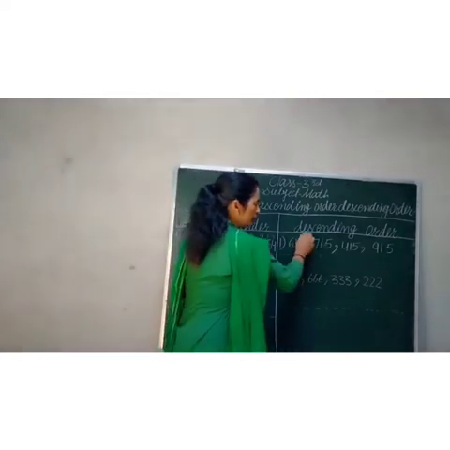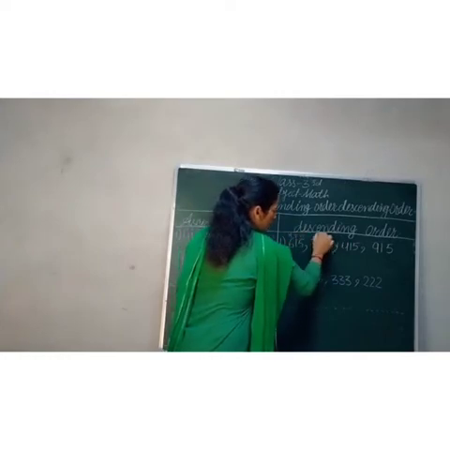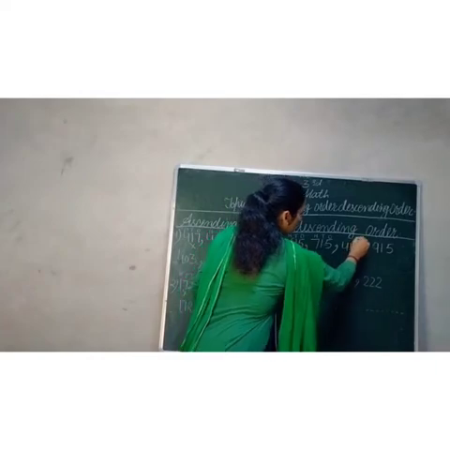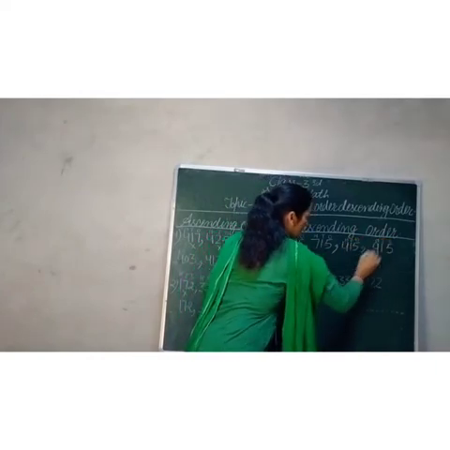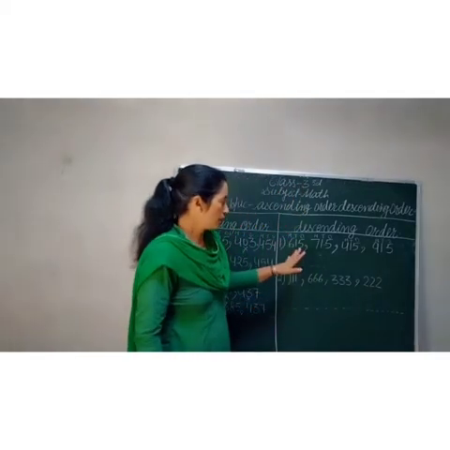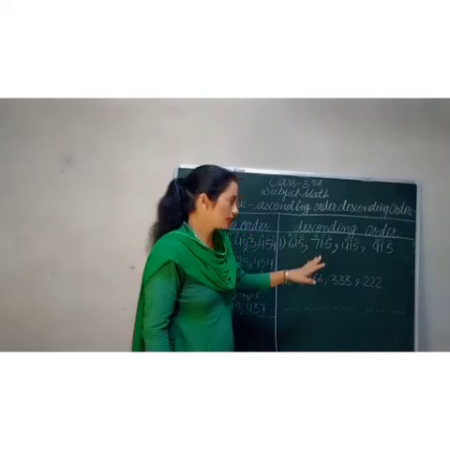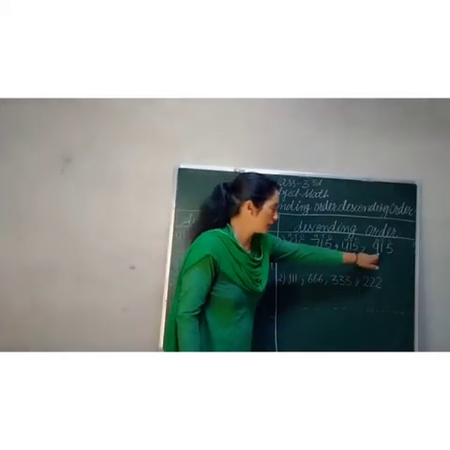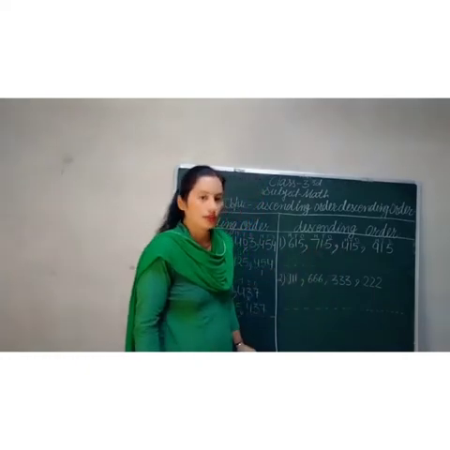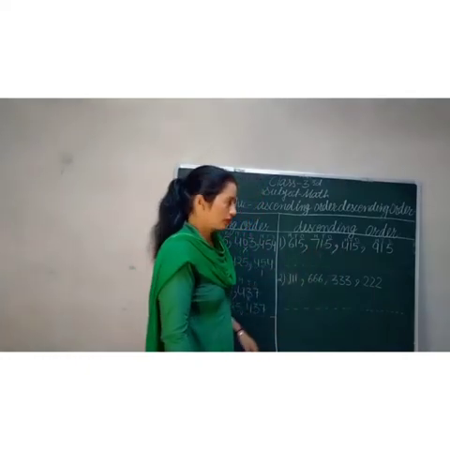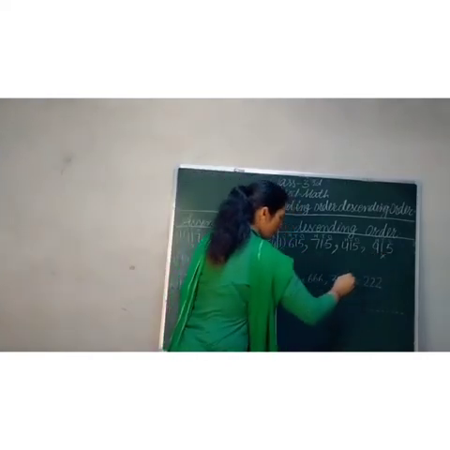Same as before, we will give them place: ones, tens, hundreds. Now we will see the biggest digit first. Same as before, we will see the hundreds place. Here 9, 4, 7 and 6. Which one is the biggest in the hundreds place? 9. So 9 will come first.